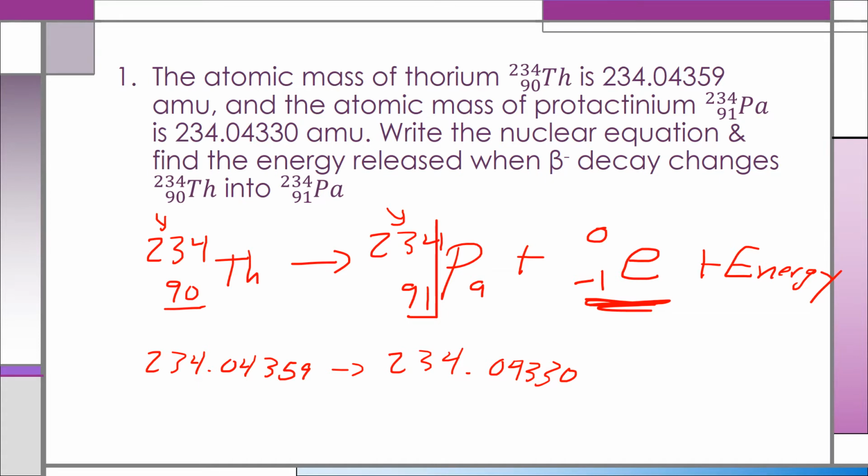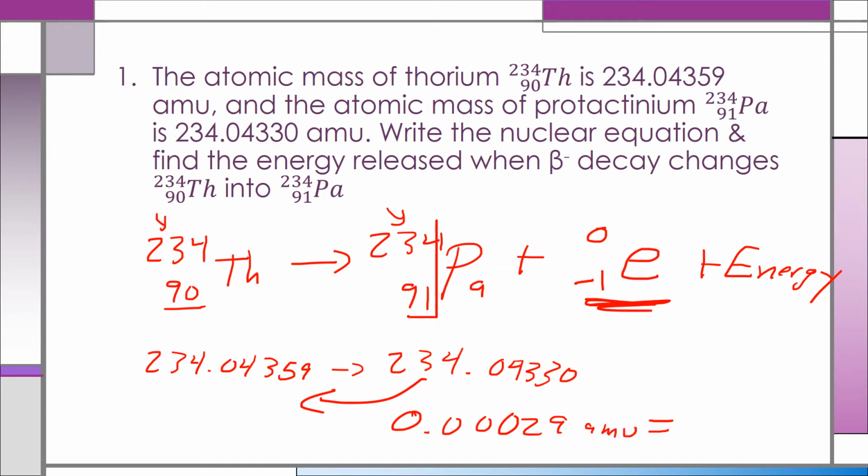We're just going to find this mass defect by subtracting these. So 234.04359 minus 234.04330 gives 0.00029 AMU.